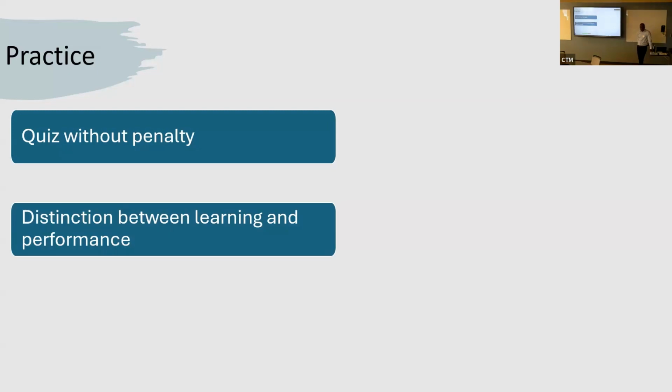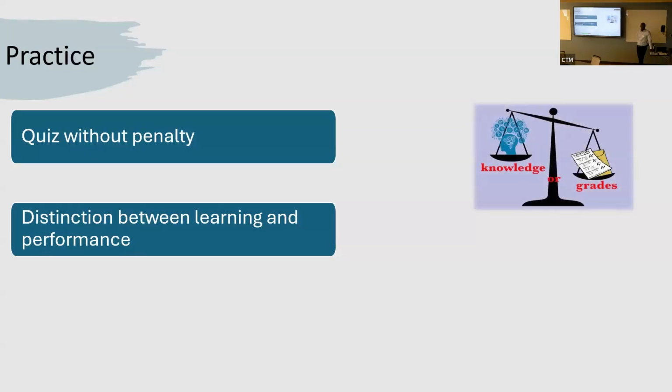One other thing that we also need to be cognizant of is the distinction between learning and performance, right? High grades does not necessarily mean that the students have learned, right? So we need to give them multiple shots so that we are sure that they are learning and they are not just scoring high grades.